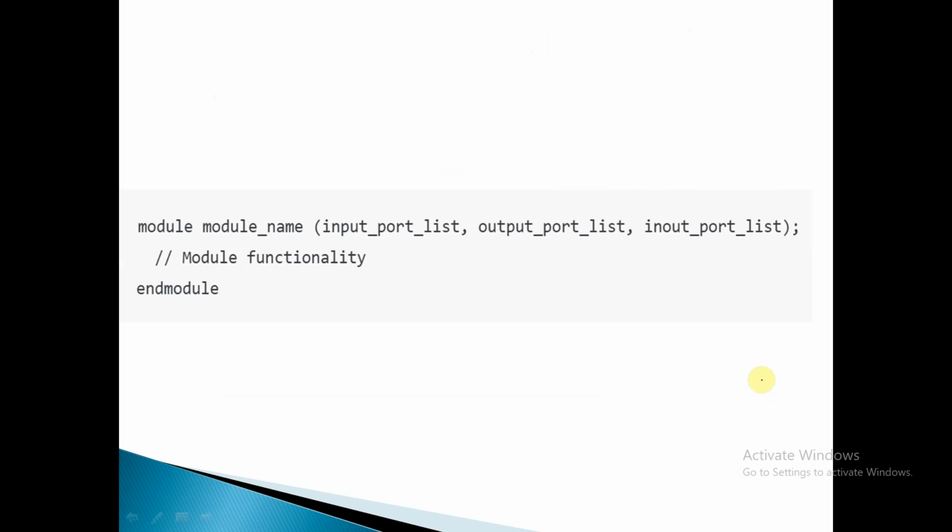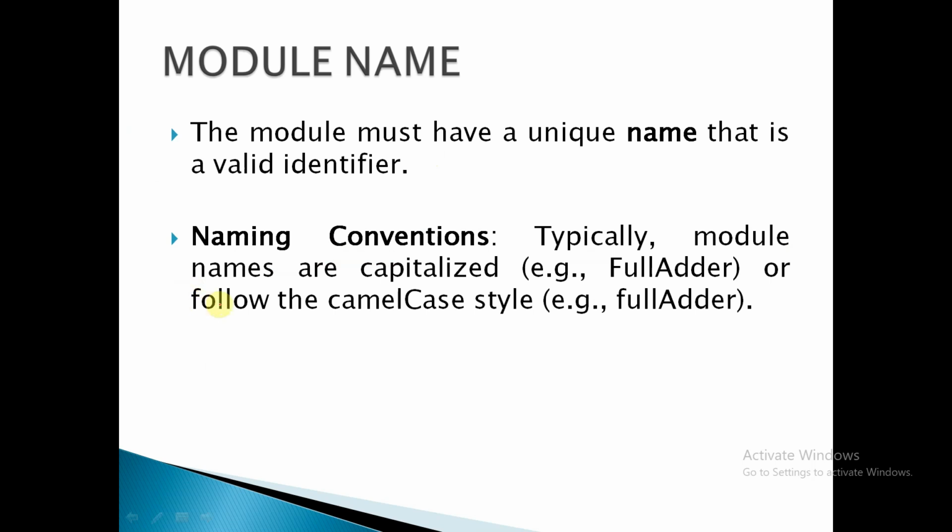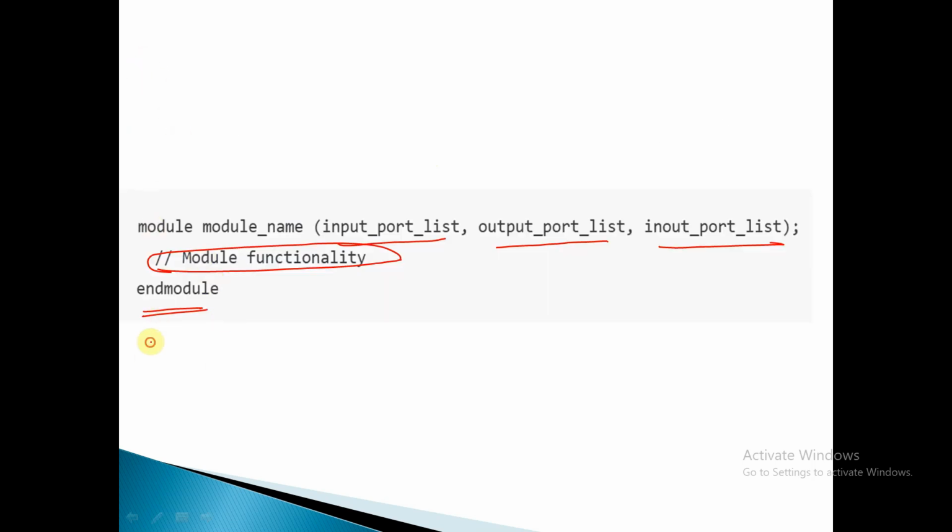So this is how you are going to create your module: module, module_name, input port list, output port list, inout port list. You are going to write your code here in between, and you are going to use endmodule. Okay, for a full adder, what you can write: module, the design name you can write fa, and what are all the inputs you have, a, b, c.